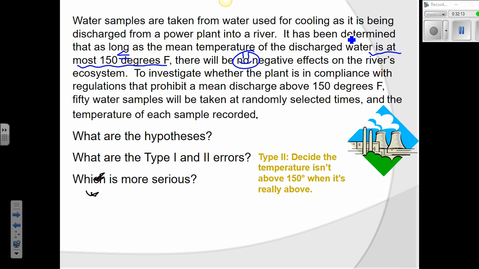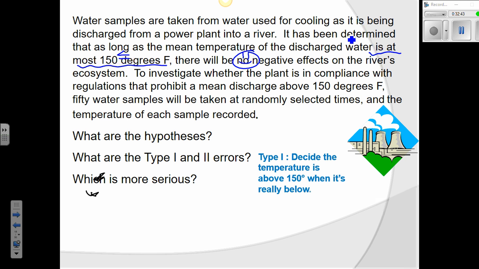All right, I want you to think about those two errors. Which one's worse? Well, it does depend. If you're talking about polluting a river with water, when are you going to pollute it? When it's over 150, right? So which error is talking about maybe polluting that river, type 1 or type 2?